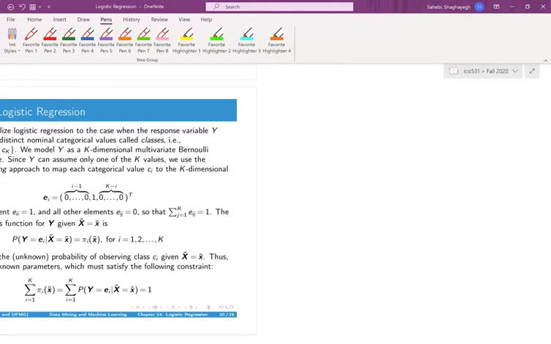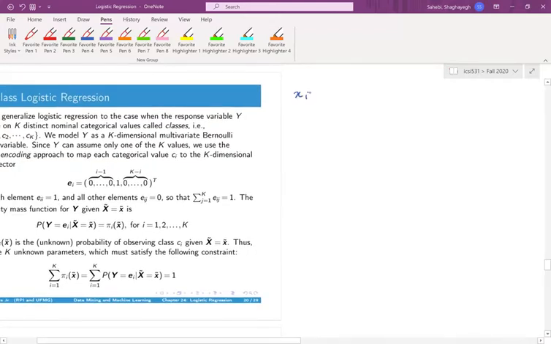Or if you want to classify patients as having flu, cold, or COVID-19, so it's three classes also. So in multi-class regression, we still have our xi, and we are assuming that they are numeric and augmented, so belonging to R^(D+1). But our yi, our response variable, is a member of one of the classes. It can be class C1, class C2, etc., class CK, right? So these are K categorical classes for us.